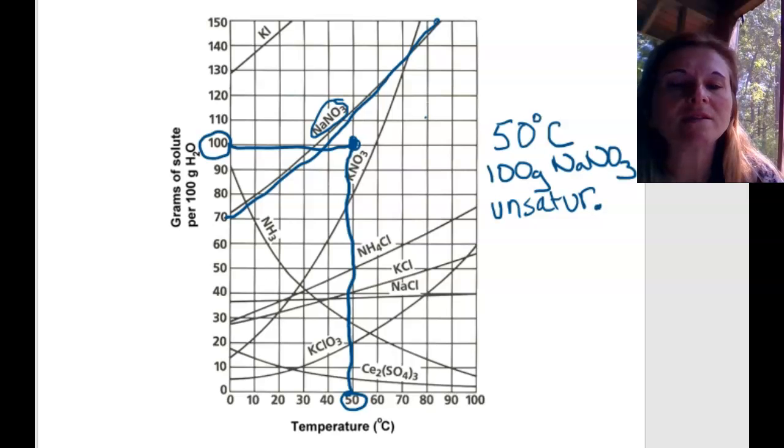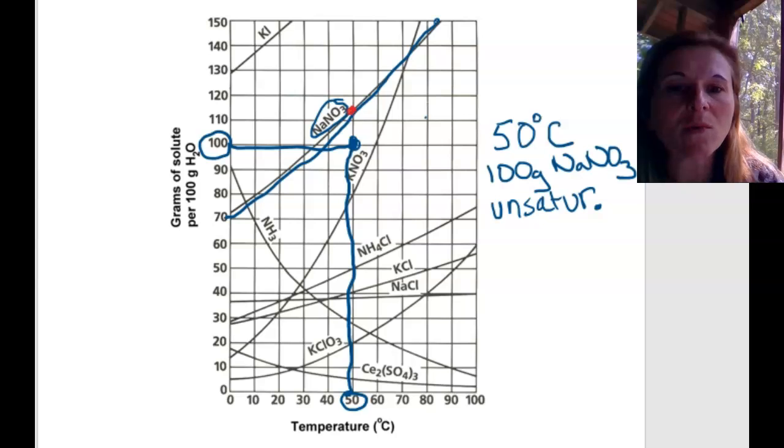What are two things that we could do to make this a saturated solution? Well, the first one is we could add more solute. We could add more sodium nitrate. If we want to make it saturated, then we want to take it to this line right there, keeping the same temperature.